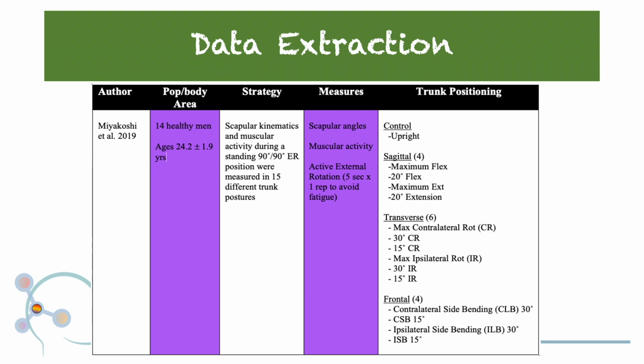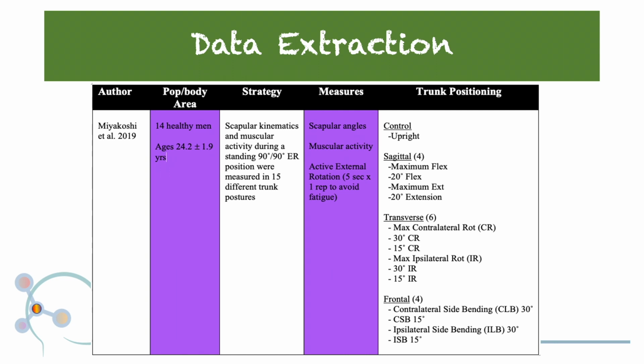In the column all the way to the right, we can see the various trunk positions that were utilized. So the control position, in which everything else was compared to, was an upright position. There were 4 sagittal positions in which we looked at maximum flexion, 20 degrees of flexion, maximum extension, 20 degrees of extension.